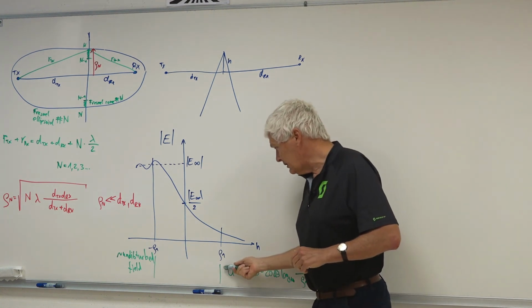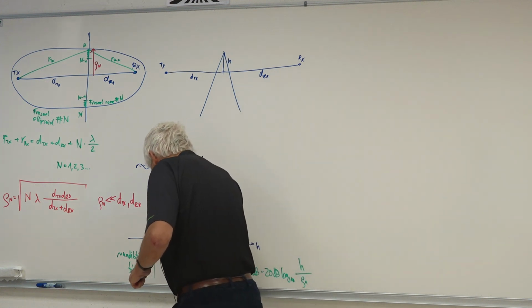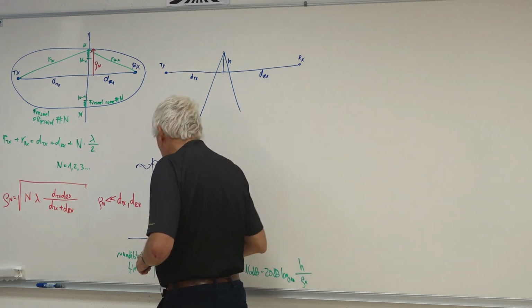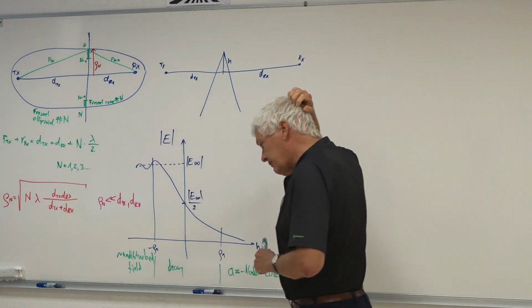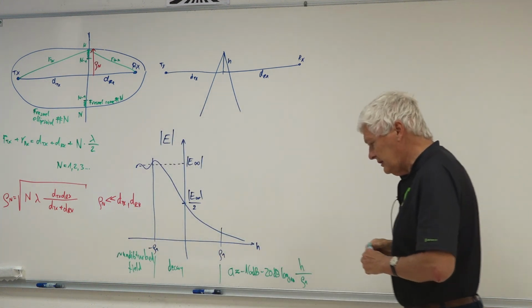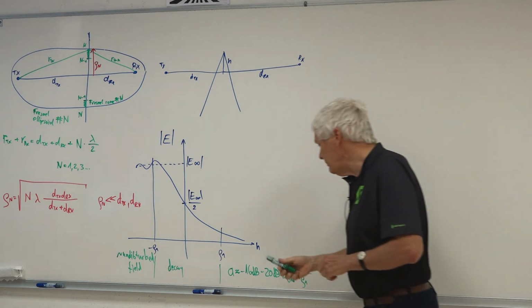While here we have the decay of the field, and this decay is quite a complicated function. We have to calculate over the clothoid, over the solution of the Fresnel integral, while we have an approximation here.